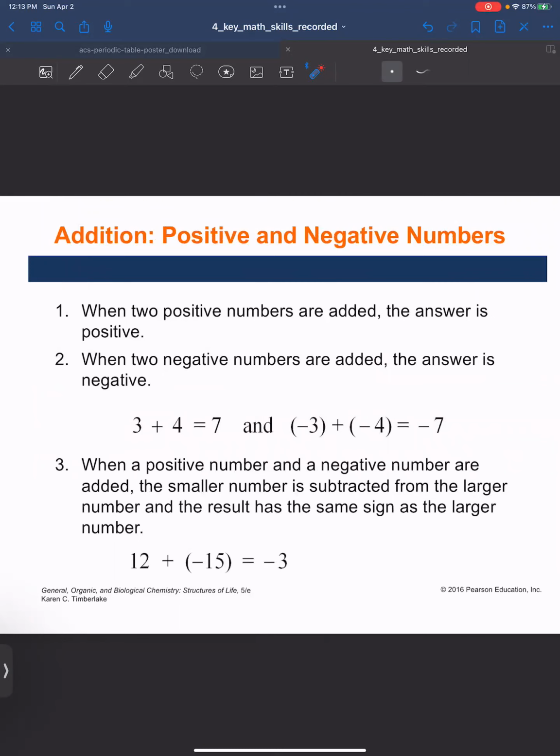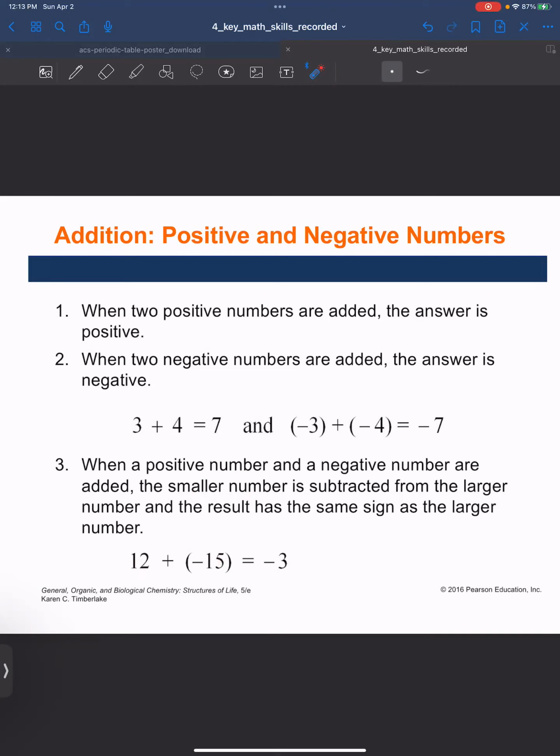Now let's talk about addition with positive and negative numbers. When two positive numbers are added, the answer is always positive. When two negative numbers are added, the answer is always negative. So for example, 3 plus 4 is 7, but -3 plus -4 is -7. When a positive number and a negative number are added, the smaller number is subtracted from the larger number, and the result has the same sign as the larger number. So for example, if I had 12 plus -15, the smaller number is subtracted from the larger number.